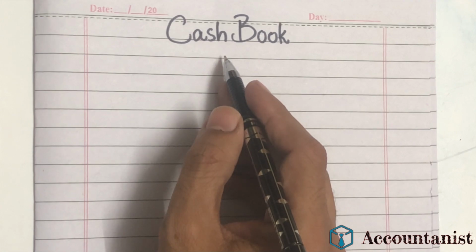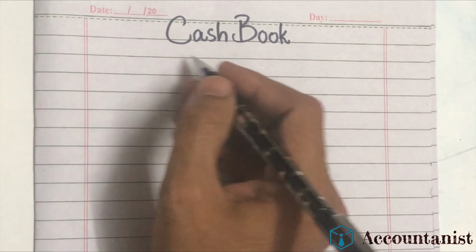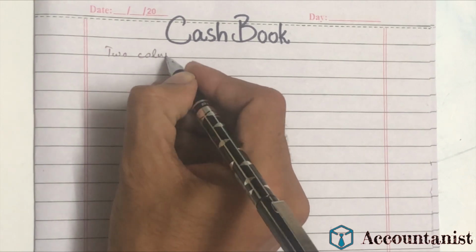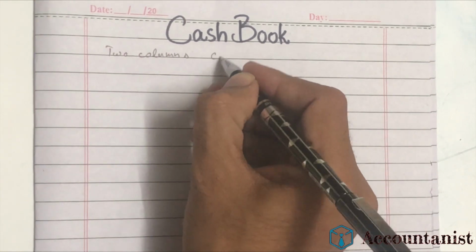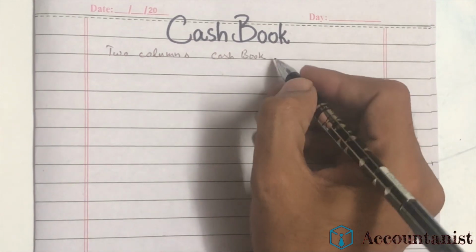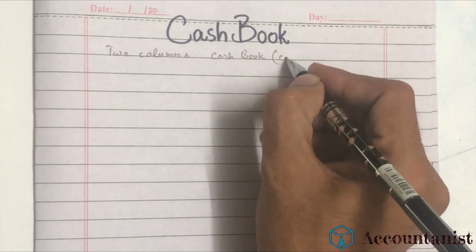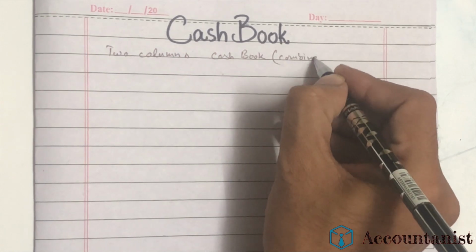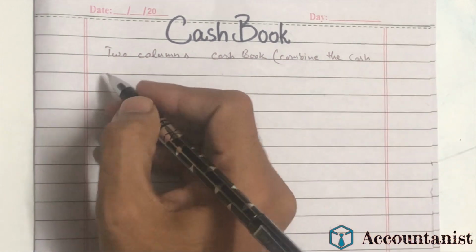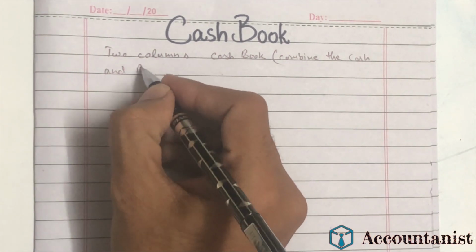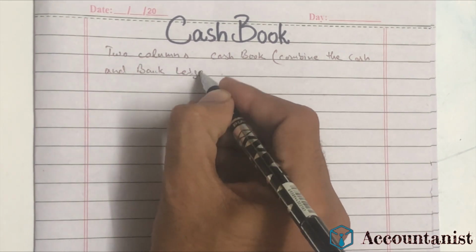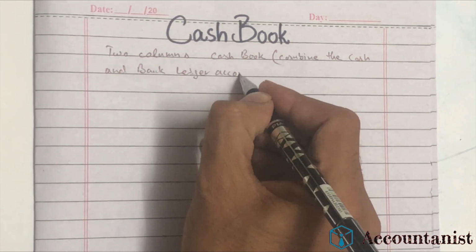So we are going to make the two-column cashbook, which means we are going to combine the cash and bank ledger accounts.